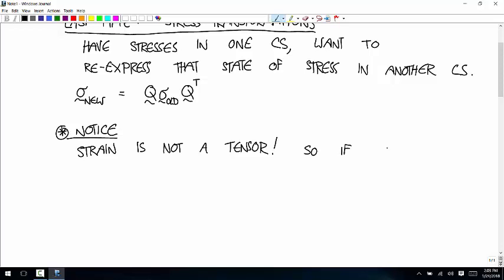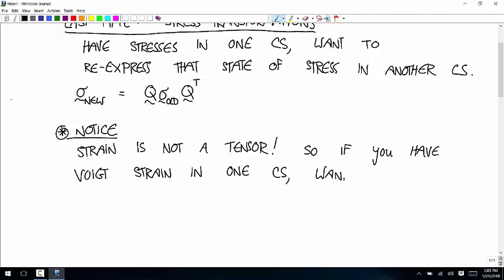So if you want the strain, let's say you have the Voigt strain in one coordinate system, and you want to re-express it in another coordinate system.